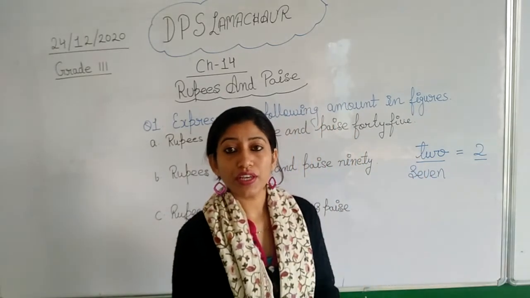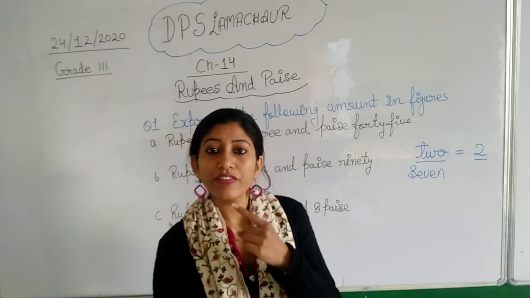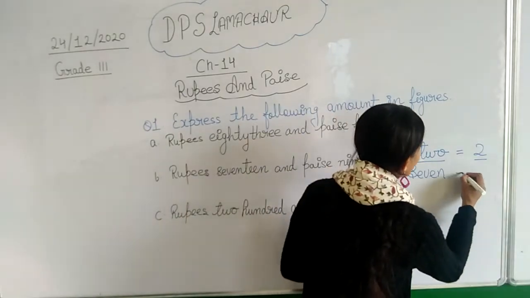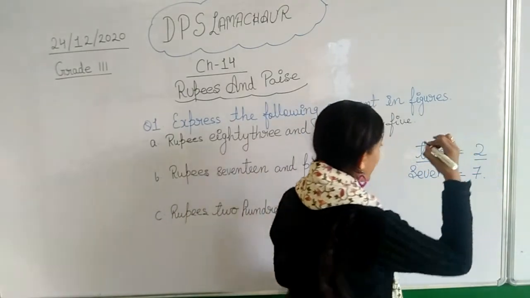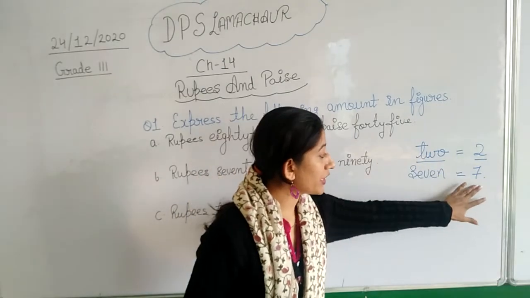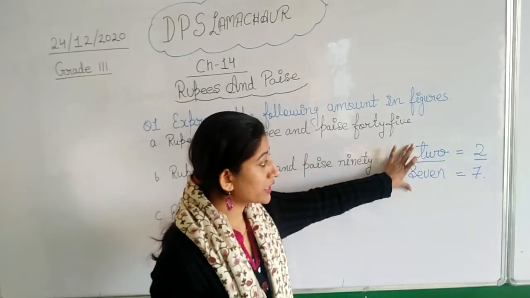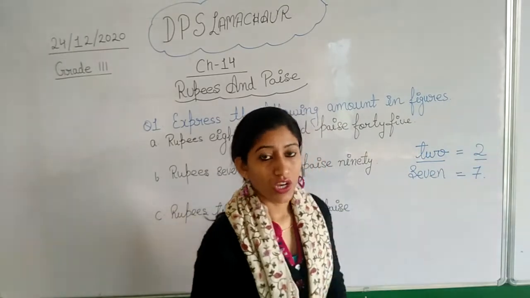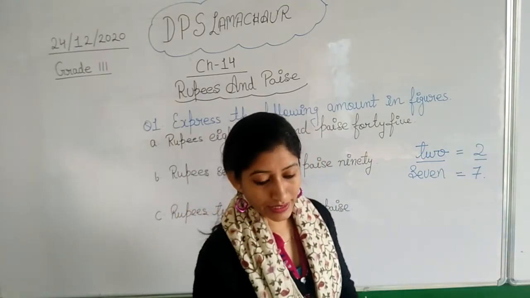And if I say to write 7 in figures, how will you write 7? In this form. Okay? So this is the difference between words and figures. This form is called words and this form is called figures. Okay? So I hope you all are getting this.